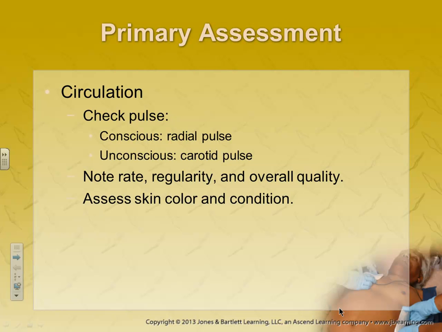So if I've got a cardiac patient that I believe is having a true cardiac event, I may go on and check a central pulse as well and even compare the two. Because if I've got a stronger central pulse and a weaker peripheral pulse, what does that tell me? Yeah, that we're not perfusing to the extremities. We're not perfusing to the periphery very well.